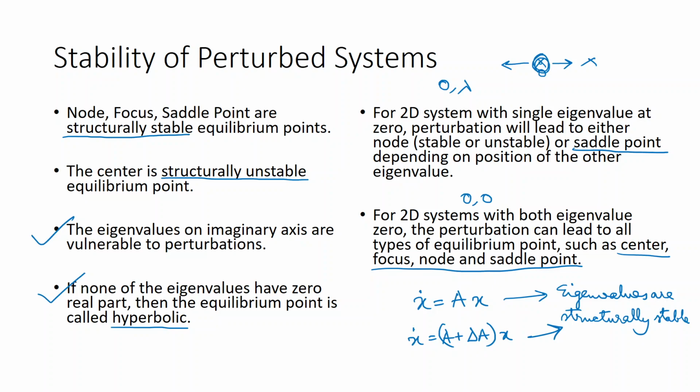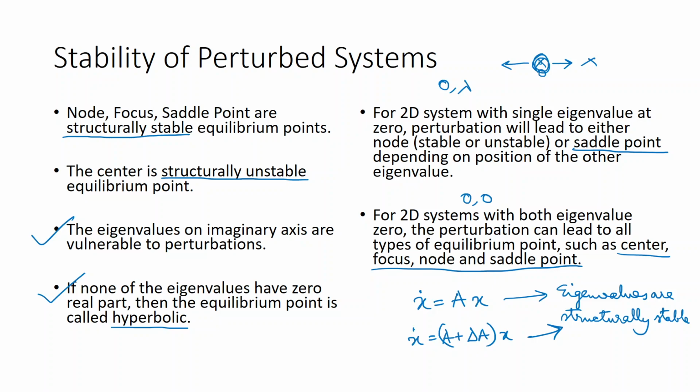What are structurally stable eigenvalues? In the case of the phase portrait we noted down node, focus, saddle point, but basically what we are saying is that the eigenvalues have to be clearly either in the left half plane or in the right half plane. Imaginary axis eigenvalues are not permissible.